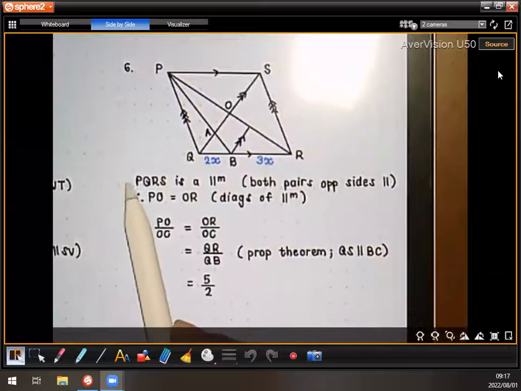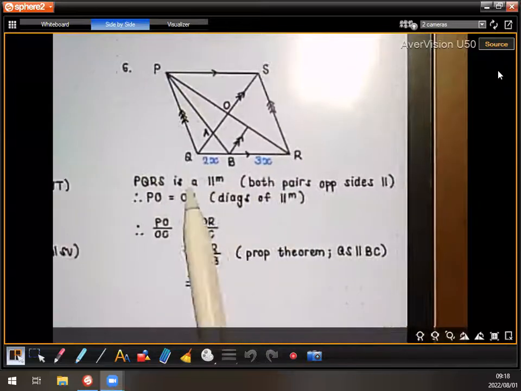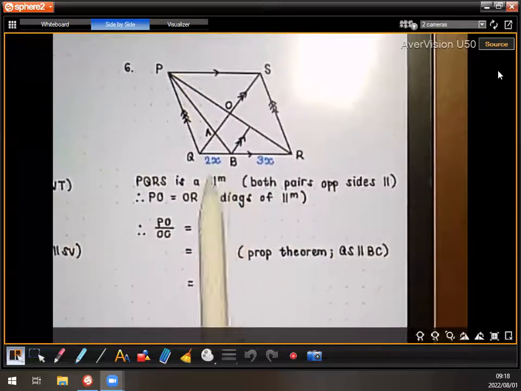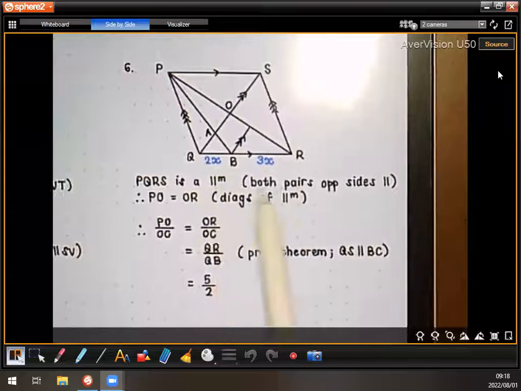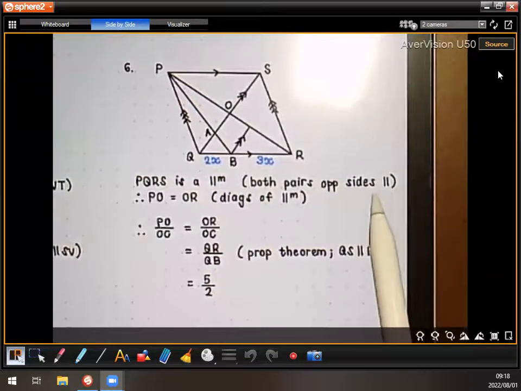So I wrote down PQR is a parallelogram, and you are allowed to use this symbol in finals, because both pairs of opposite sides are parallel. You have to say that, guys. If it wasn't explicitly given that it is a parallelogram, and you want to use the property of it, you have to first write that. Just remember that.